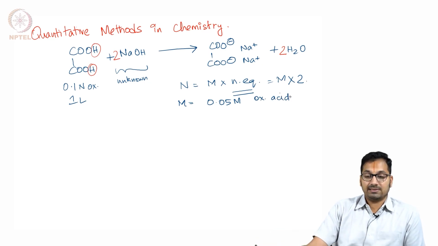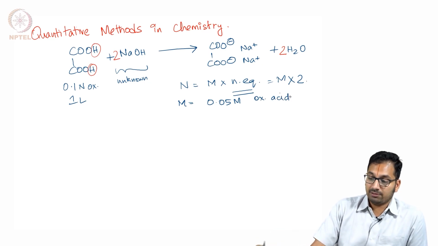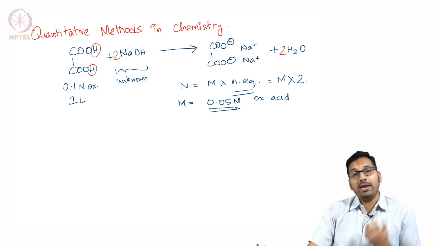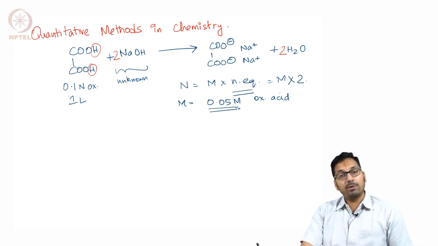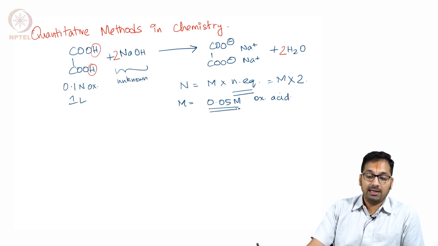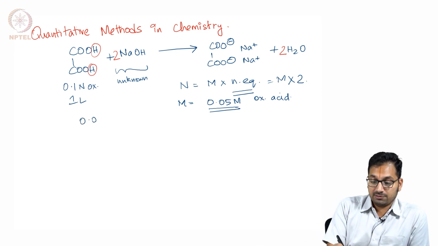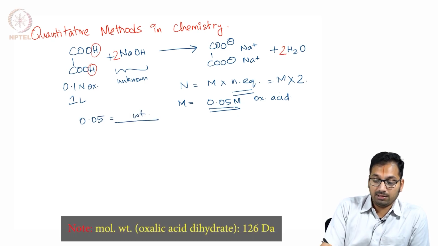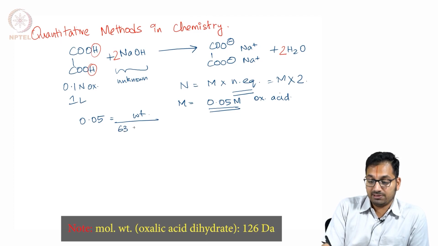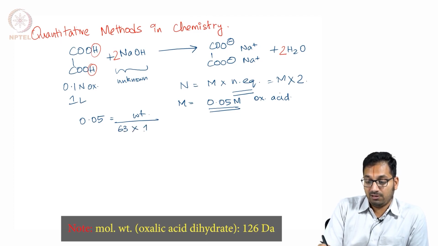So with this being set, the next thing that you would like to do is figure out how much oxalic acid you should weigh in order to prepare a 0.05 molar solution in 1 liter. So in order to do this, all that you got to do is simple math. So weight by molecular weight, which I am sure we remember is 63 grams per mole, times 1 liter of solution.